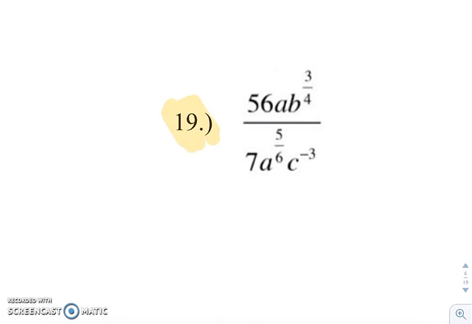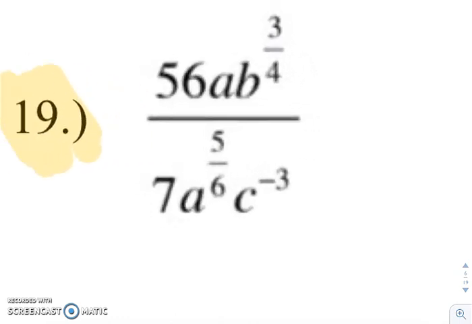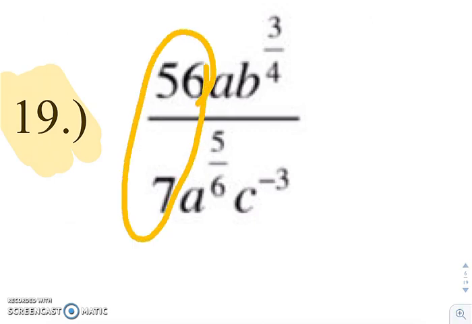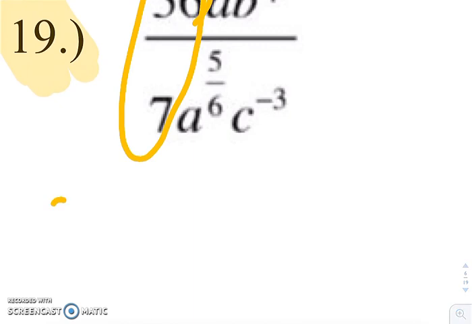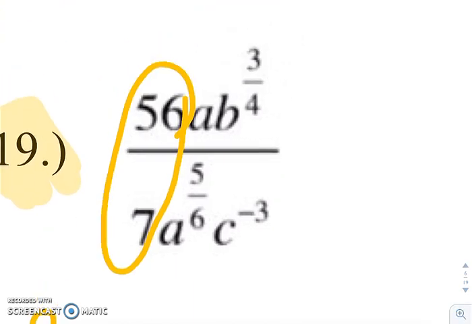And number 19. Just another division problem. So let's do our numbers first. We just can reduce or divide those. So 56 over 7 is 8. And then we've got our a's, which are in 6. So instead of a to the 1st, which is really what that is, I'm going to make that a to the 6.